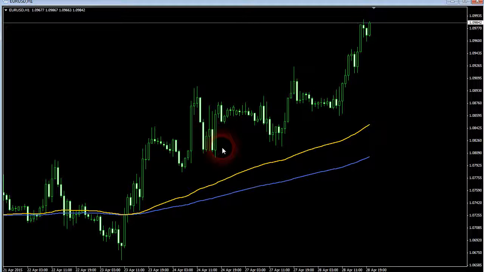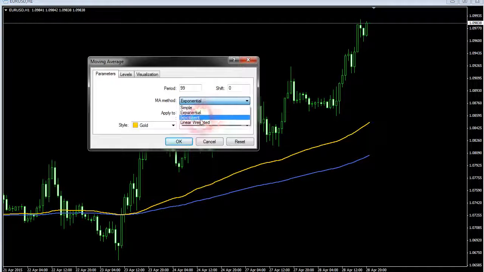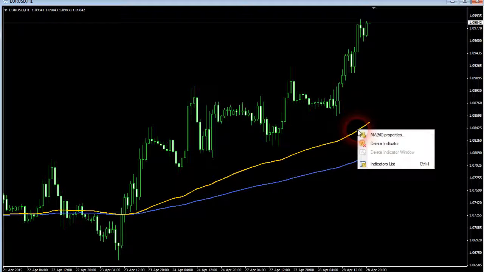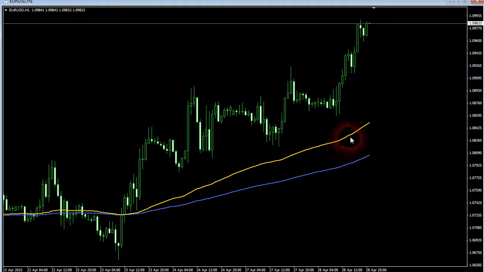That's the same thing as an EMA 99. You can try that if you want, just so you can see they overlap. You don't see it here because it's overlapping the moving average. So if we delete it, there is the other moving average.